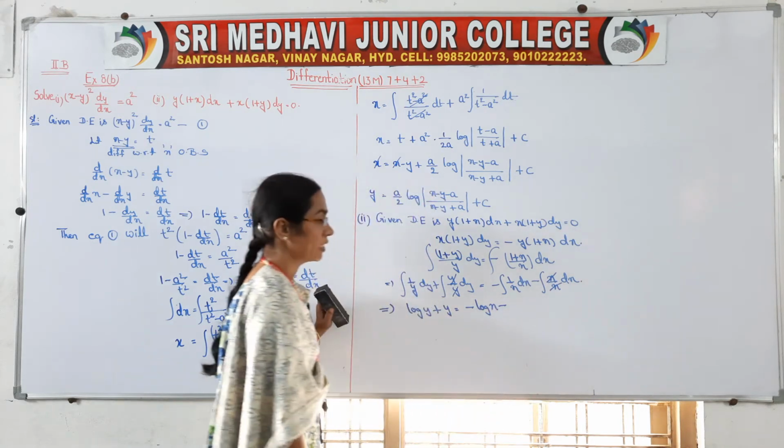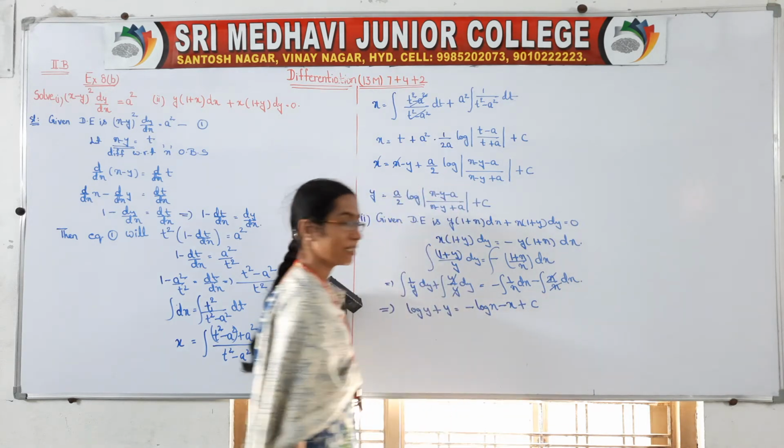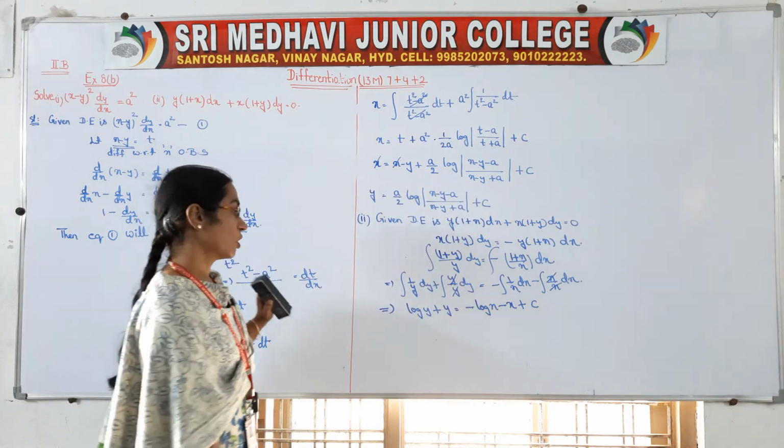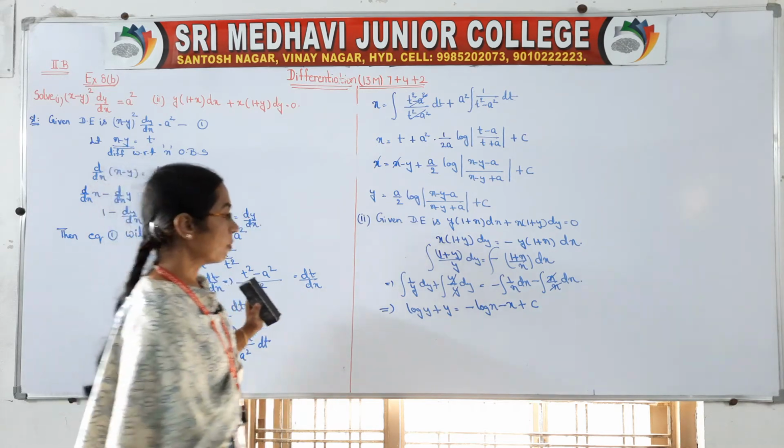Next, minus the integral of dx is x, after the completion of the integral plus c. Now bring all the negative terms to this side so that all will be positive.